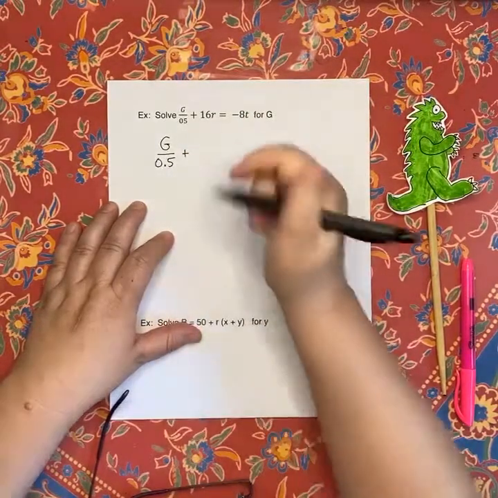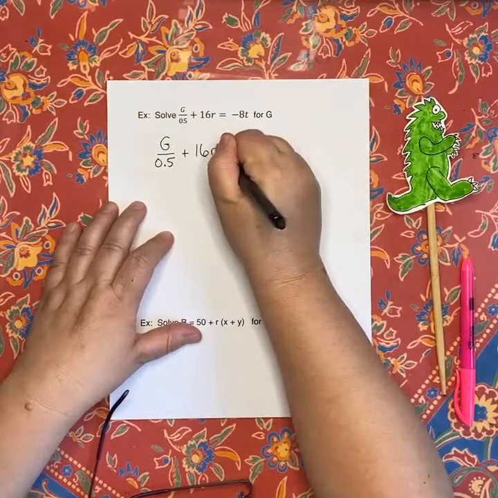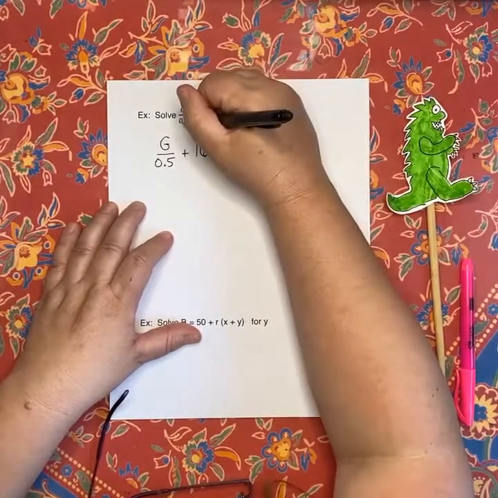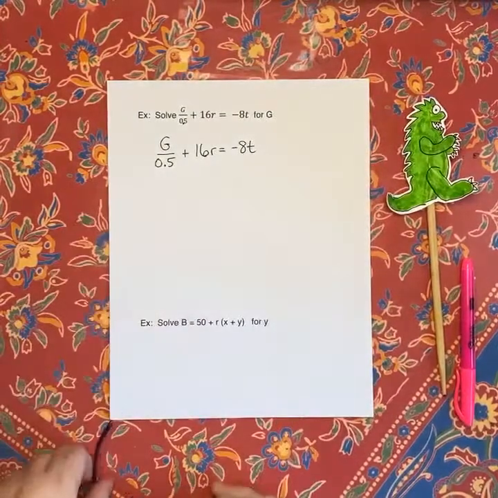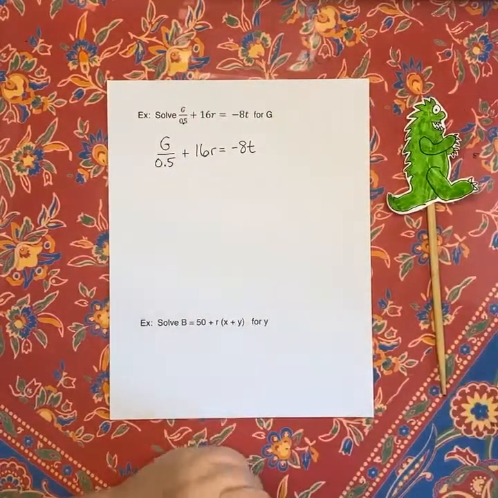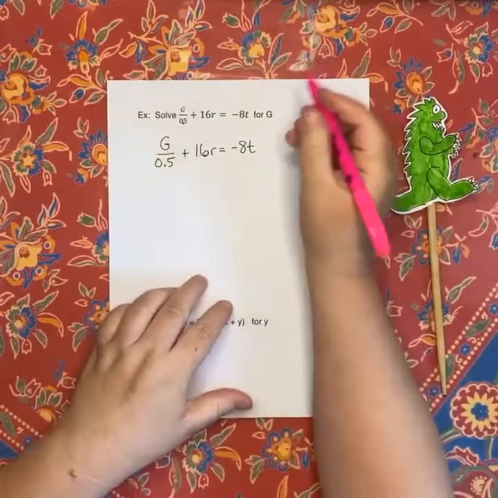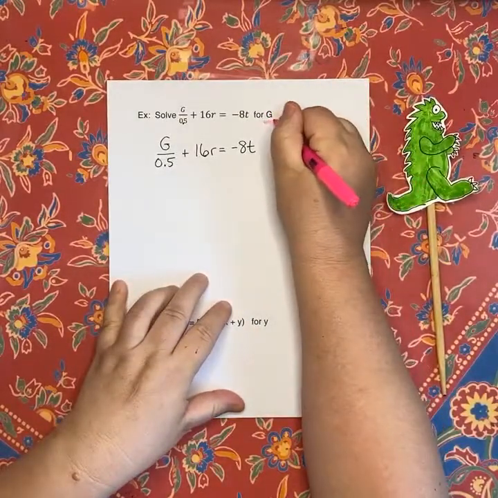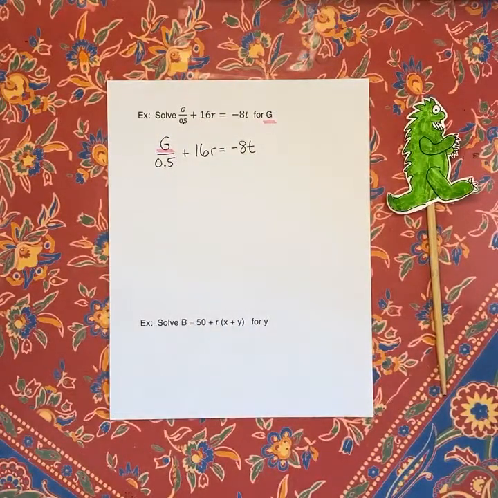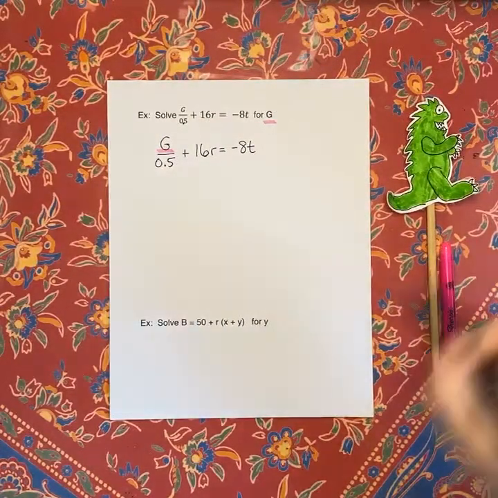Plus 16R equals negative 8t. I'll put that point in there. Oh, and I want G. And G is up on top of a 0.5.